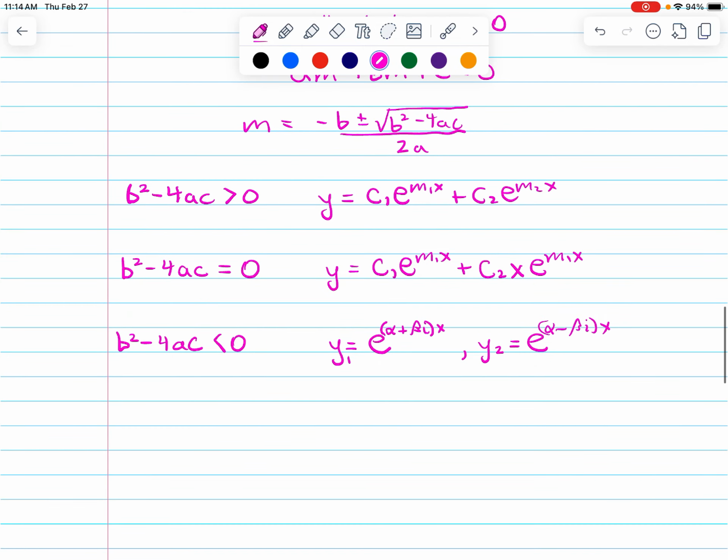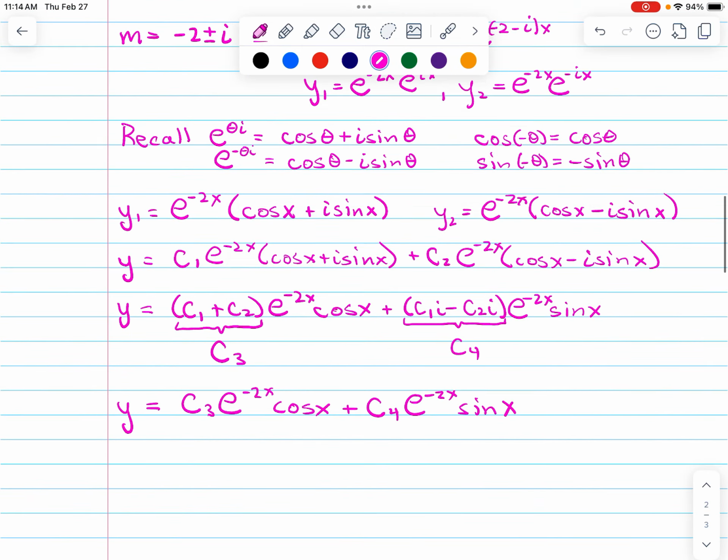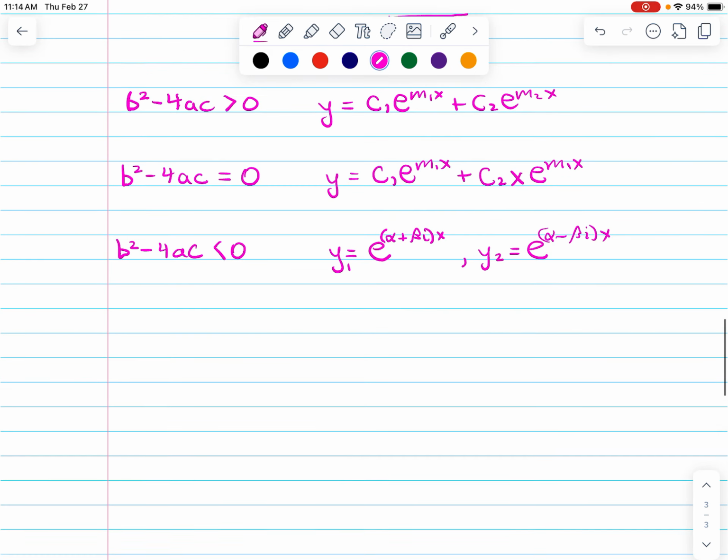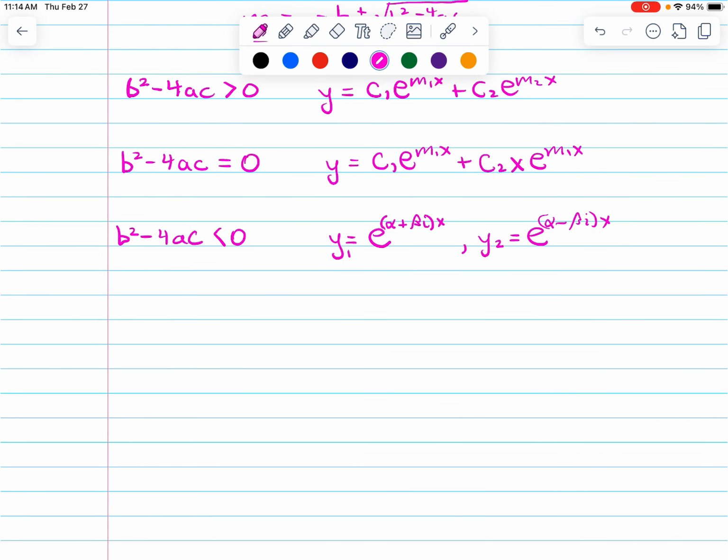Now, we go through and we could work through generally the same process I did here. But notice what we would get. We would get y equals e to the alpha, and then this would be cosine beta x plus i sine beta x, plus, and let me put a constant here, C1.